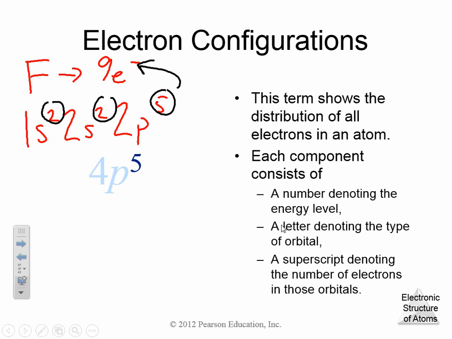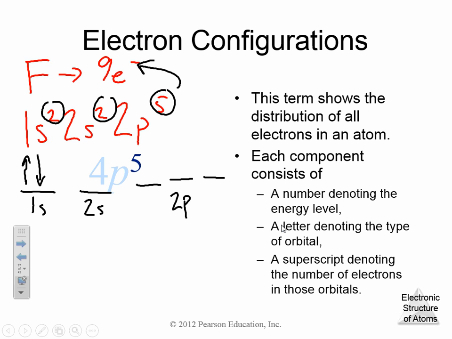Now, if we're going to do the orbital notation, remember, s only has 1 orbital, so we draw a line for 1s, and 2s only has 1 orbital, so we do a line for 2s. And 2p has 3 orbitals, so we draw 1, 2, 3 for 2p. S is filled with electrons, so I'm going to go up and down. The reason we go up and down is that up represents an electron spinning clockwise and down represents an electron spinning counterclockwise.